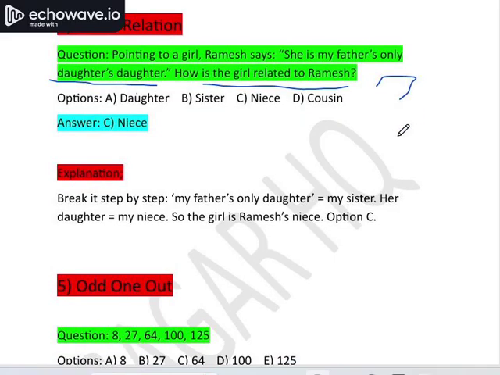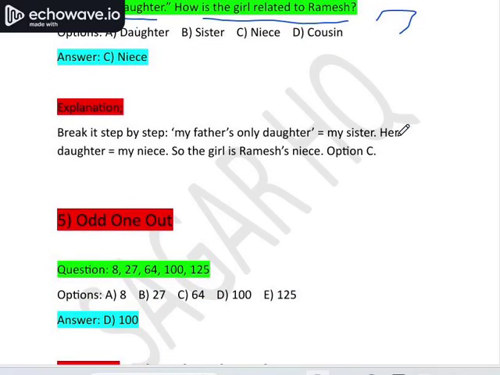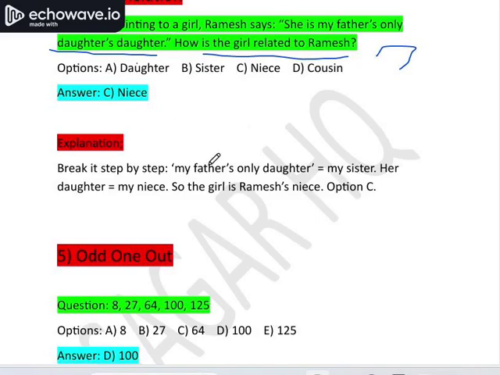Let me solve this problem step by step. My father's only daughter means Ramesh's only sister. And similarly, her daughter means his sister's daughter.